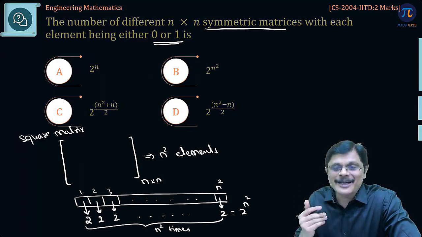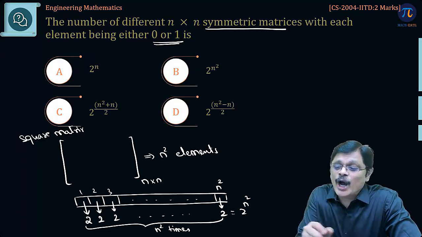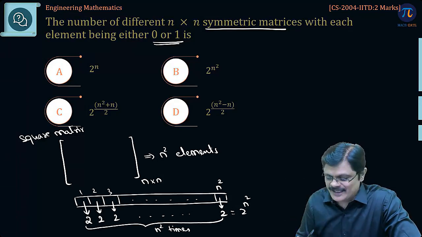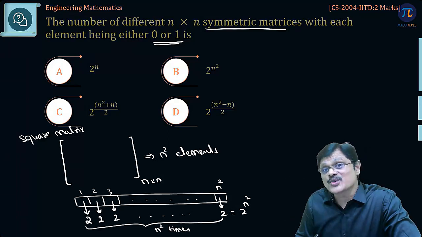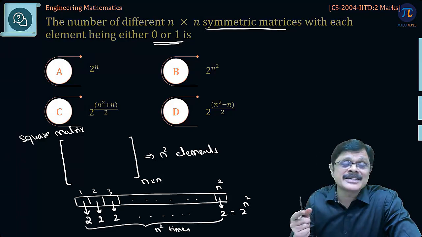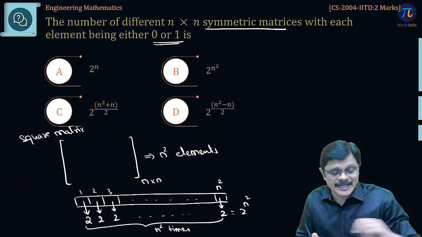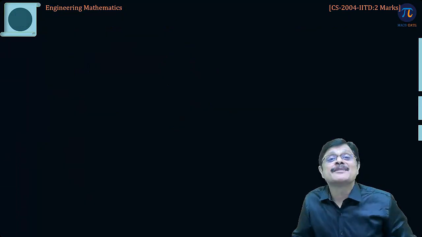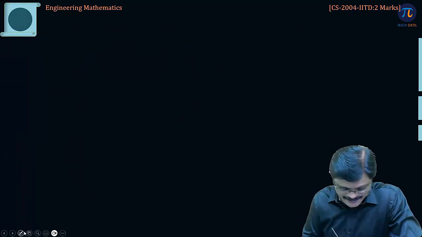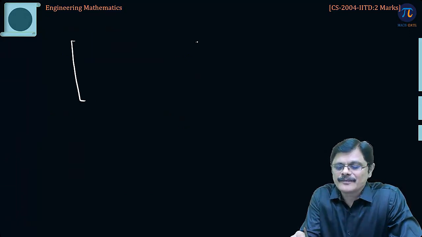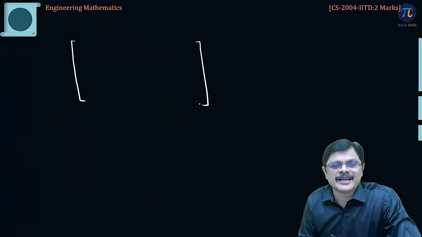If it is a symmetric matrix, how many such different symmetric matrices can be created? 2 power n square such square matrices can be created whose elements are either 0 or 1. But the question is how many symmetric matrices can be created? What is the condition for a symmetric matrix?